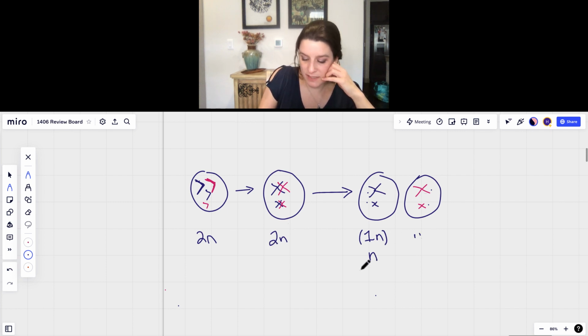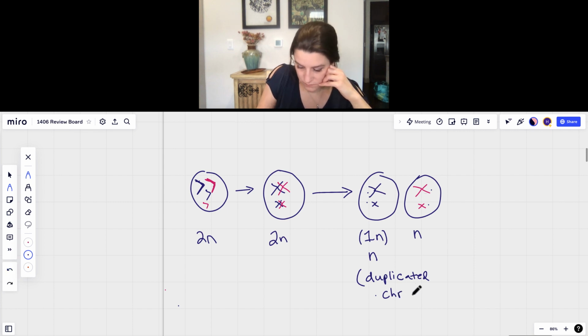But the problem here is you can't be done, because you have double the amount of DNA, because your chromosomes are still duplicated. So that's why you have to have the second round. So this is meiosis 1.